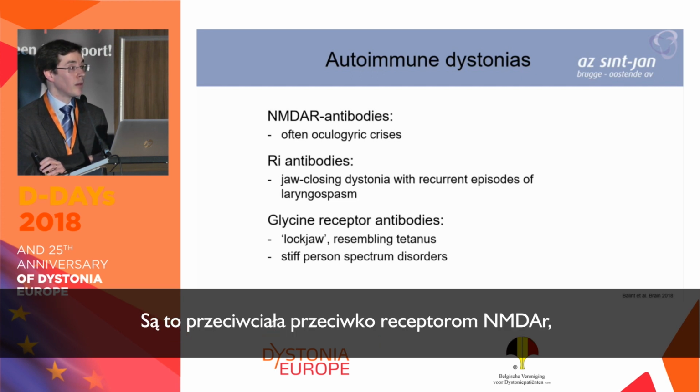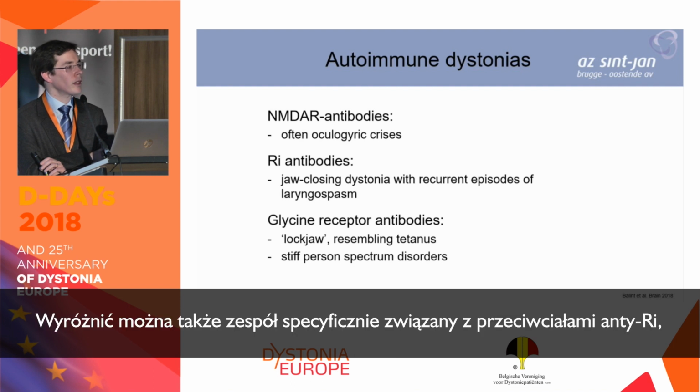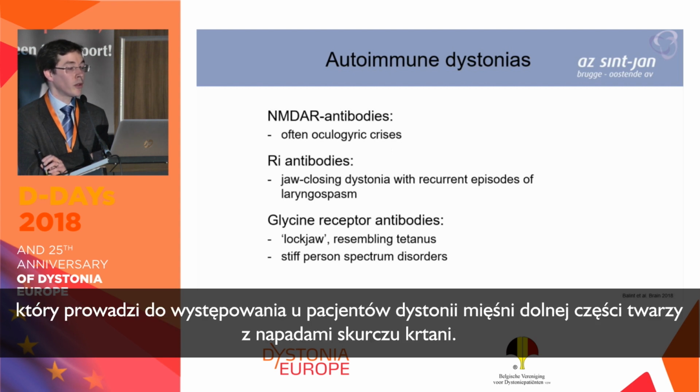And I've listed here 3 types of antibodies that particularly can give rise to these autoimmune dystonias. You have the NMDA receptor antibodies, where you quite often in these patients see oculogyric crises, where there are painful eye movements. There's also a specific syndrome that is linked to Ri antibodies, where patients develop a jaw closing dystonia with episodes of laryngeal spasm.